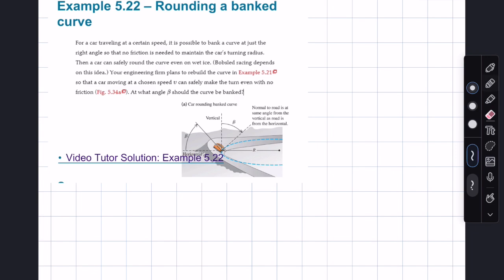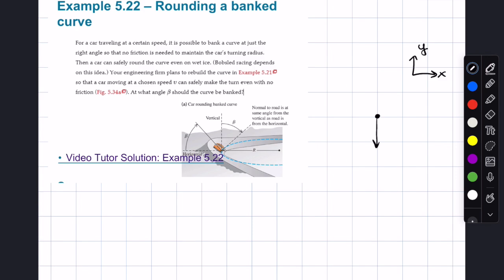So let's draw the free body diagram here. We're going to have our x-axis, again, be along the radial direction. Okay, actually, let me draw my coordinate system over here. And then our y will be such that the weight is going straight down in negative y.